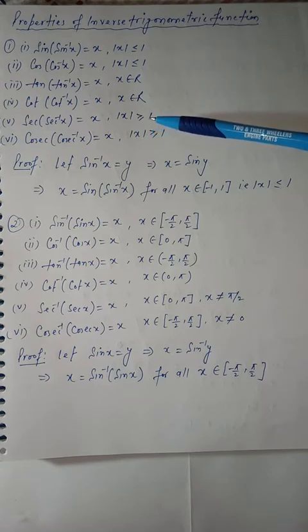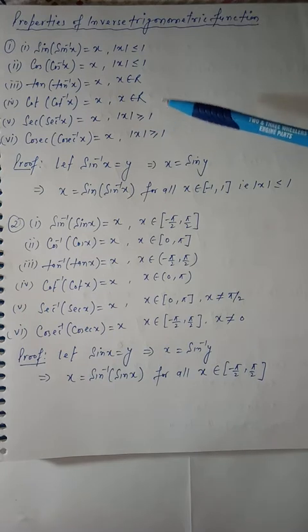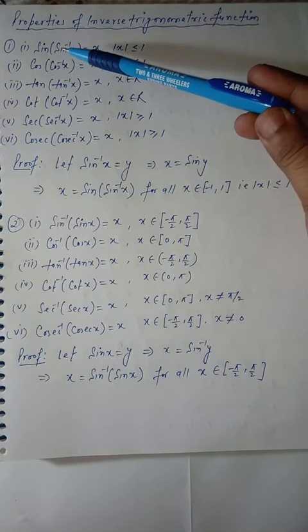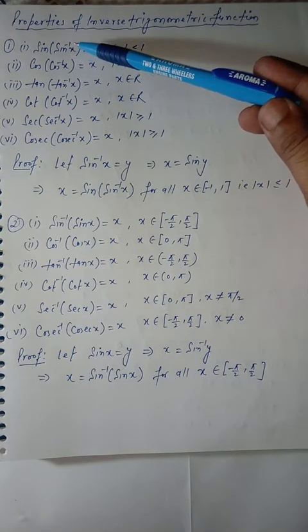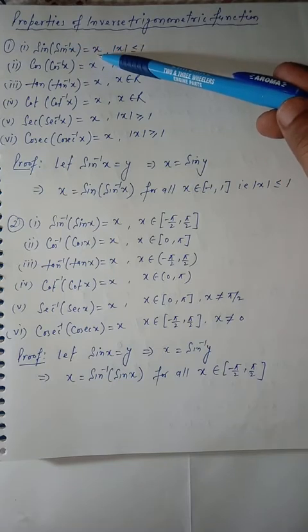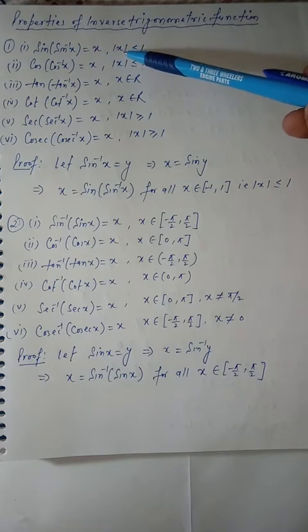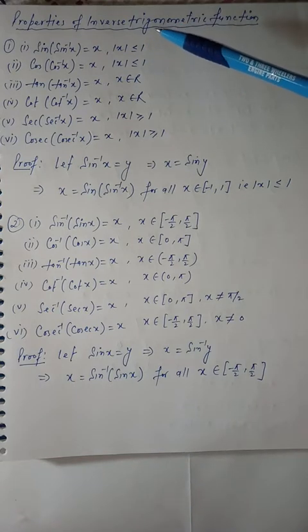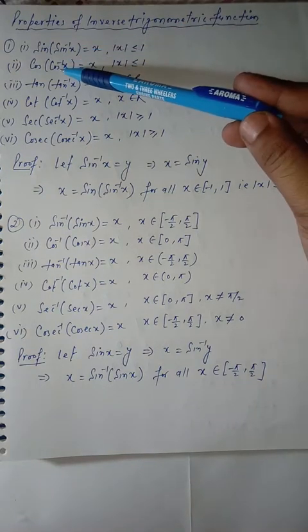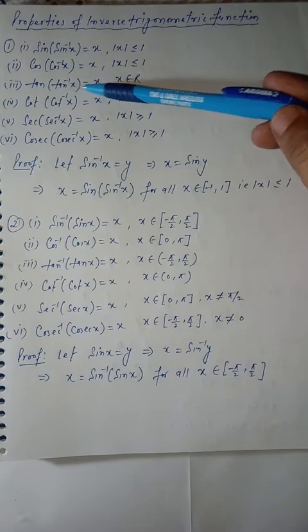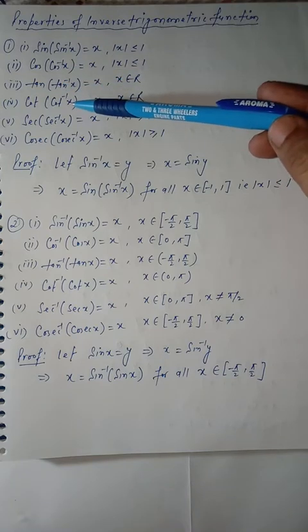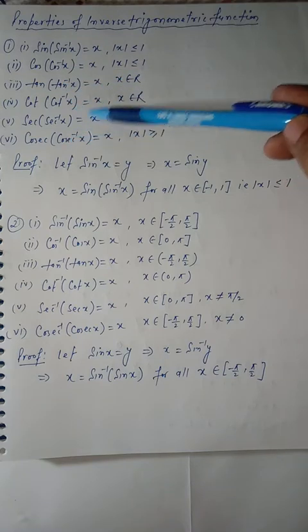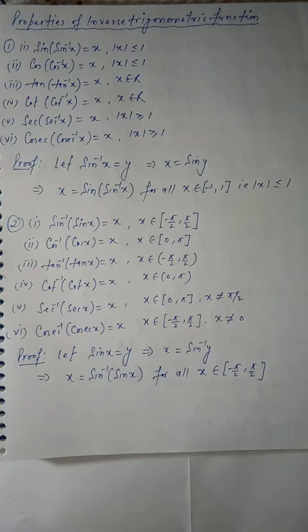Now let's look at the properties. If you get sine of sine inverse x, this always gives x when x is from -1 to 1. This is the property. Similarly, cos of cos inverse x gives x, tan of tan inverse x will be x, and similarly the other three functions always give x. Why am I telling you this?